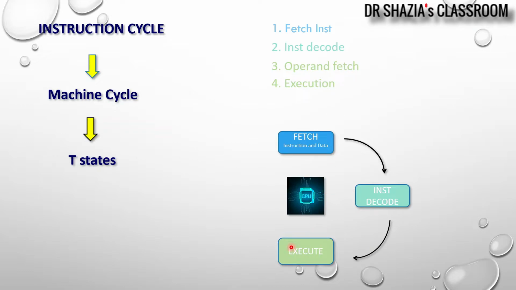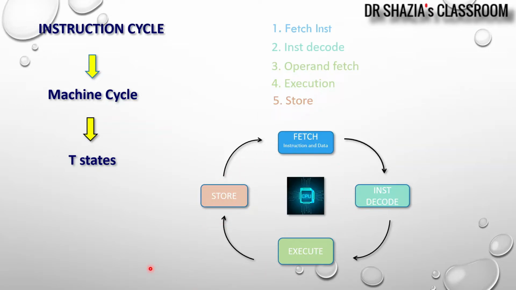And then the instruction will be executed. After executing the instruction, the result will be stored. Storing the result again could be internal or external to the processor. So whenever the microprocessor performs any external operation, it is called a bus cycle. So one instruction cycle includes all these four operations.